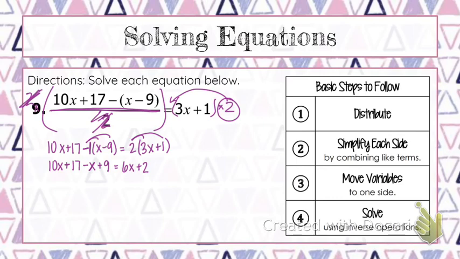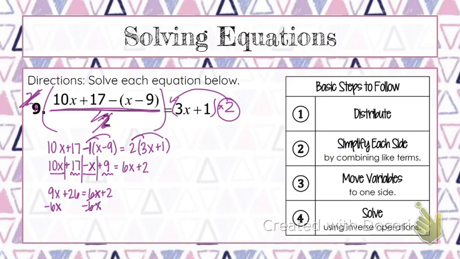On the left side, I want to combine like terms before I start moving variables across the equal sign. So we're going to get 9x plus 26 equals 6x plus 2. So now we're going to move our variables to one side.